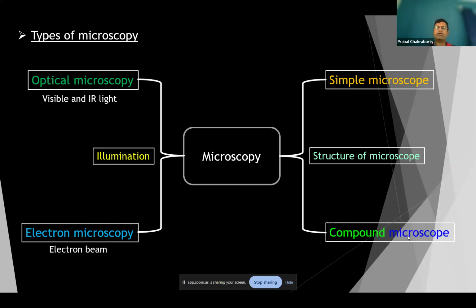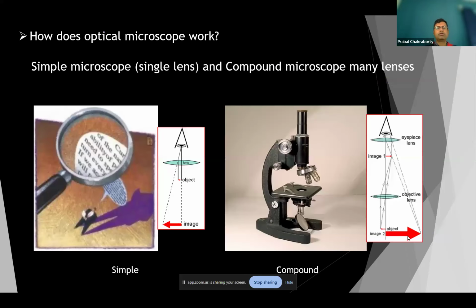And if we talk about microscope structure, based on the structural complexity we can divide into two different groups. One is the simple microscope. It's very old, from when microscopy just started; at that time people generally used simple microscopes, but nowadays almost all microscopes are compound microscopes.